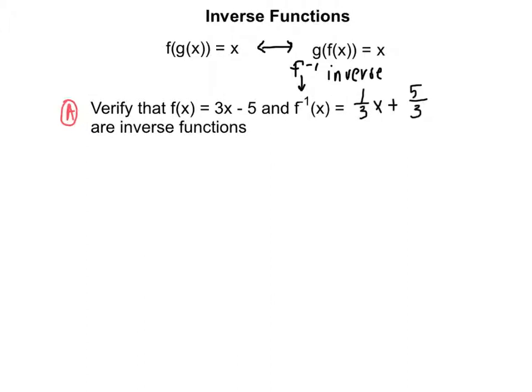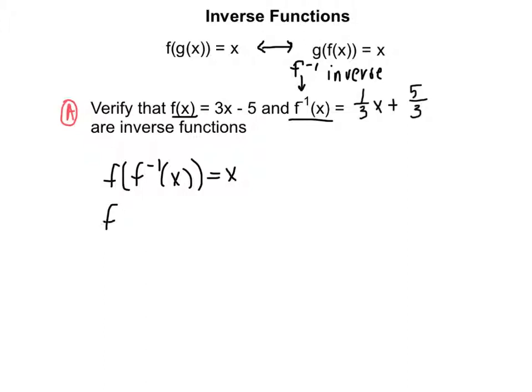So let's plug in f of the inverse of x. So f of the inverse of x equals x. That's how we're going to prove that f of x and the inverse of x are inverses.